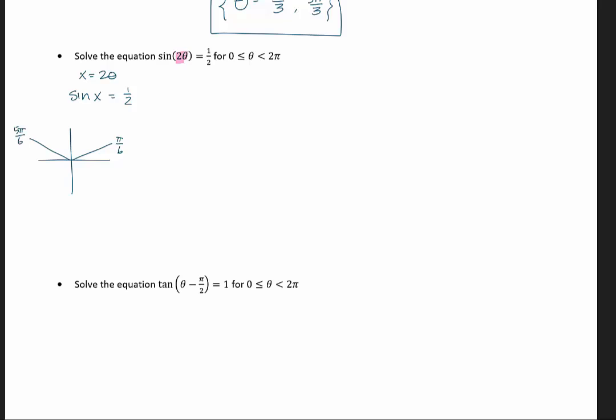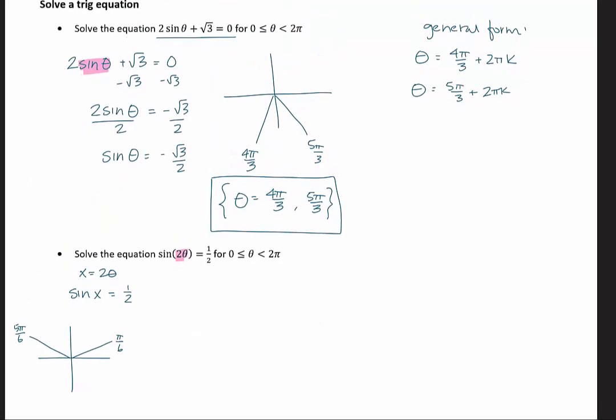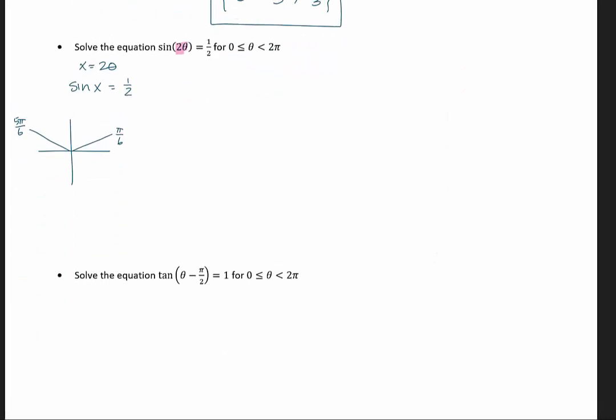So when we're looking at our general form, notice how we had a theta here, and so we put theta on this side, we put the angle, and then plus 2 pi k. We're going to do the same thing, except we're not going to use just theta. We're going to use x to start. So x would be equal to pi over 6 plus 2 pi k, and x would be equal to 5 pi over 6 plus 2 pi k.